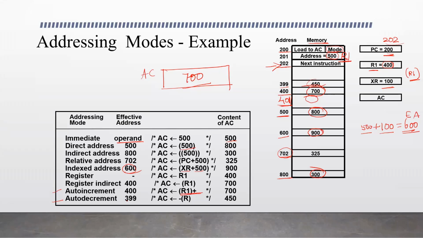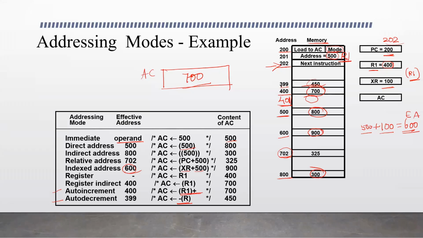And auto decrement mode. In this, the decrement of the address is done before execution. You note this here. AC is minus and then the content of R. So first it is decremented. What is the content of R1? It is the effective address, that is 400. And as it is auto decrement mode, it is decremented first.